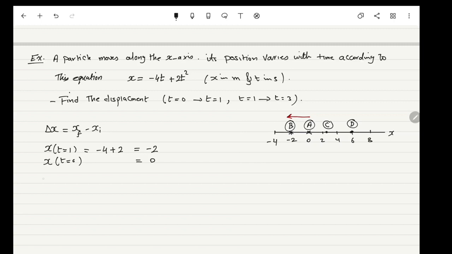In this case, x when t equals 3, we just substitute 3 back in this equation here, minus 12 plus 18, in this case it's equal to 6, and x when t equals 1, we just calculated this here, the same as this one here, equal to minus 2.